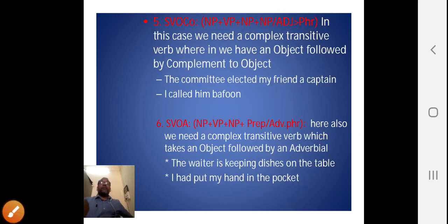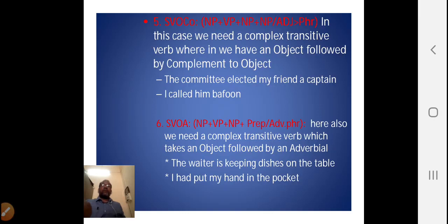Well, the fifth structure is SVO and CO. This again is a combination of NP plus VP plus NP plus NP or an adjective phrase. In this case, we require a complex transitive verb where we have an object followed by such a unit which relates to that object.